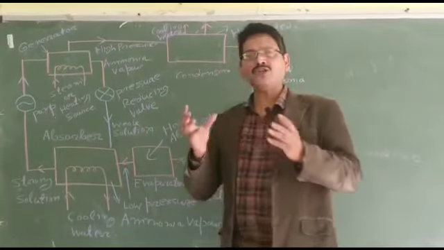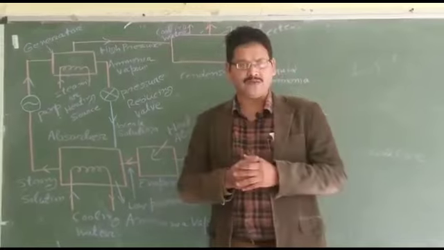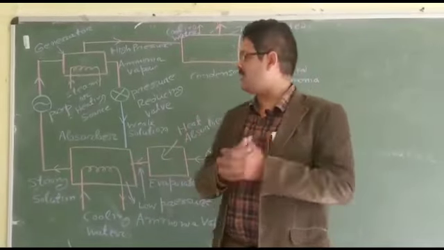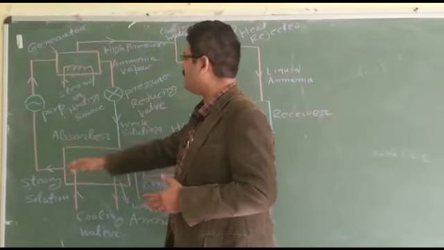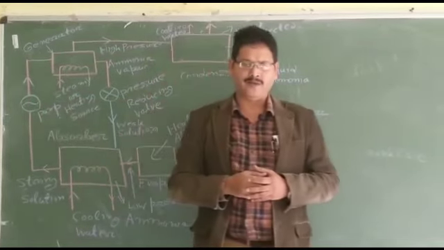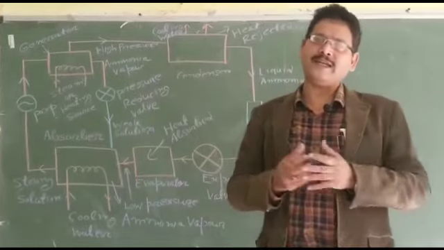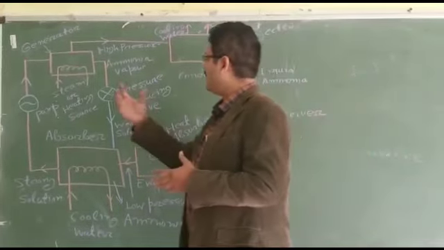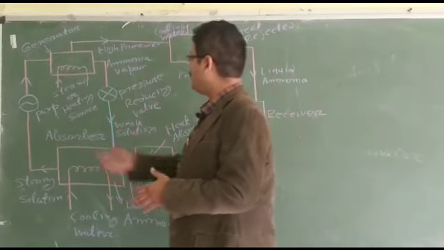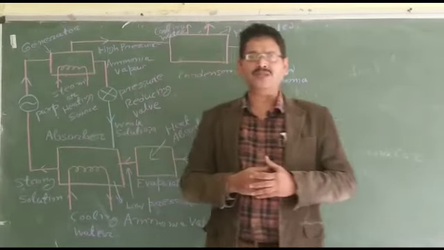Then the strong solution of ammonia and water, which is called your aqua ammonia solution, then enters the generator after passing through the pump. The pump significantly increases its pressure, and the high pressure aqua ammonia solution is then sent to the generator.